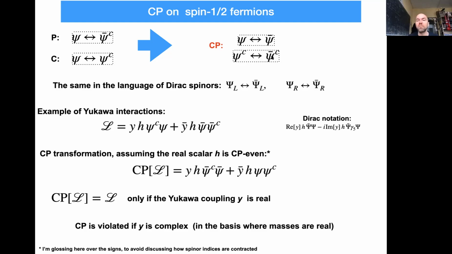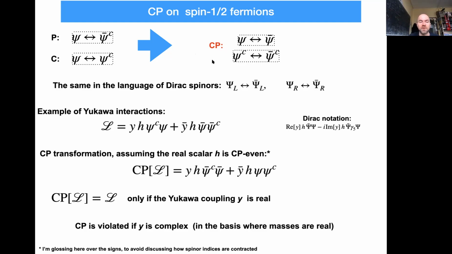It's just a complex conjugation, but it's a complex conjugation on 2-component spinors and not on 4-component spinors. That's maybe why it's confusing if using Dirac spinors, but with 2-component spinors, everything is clear.